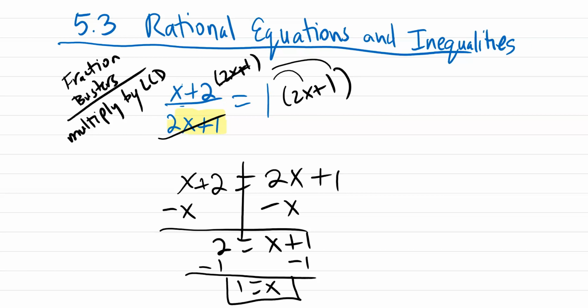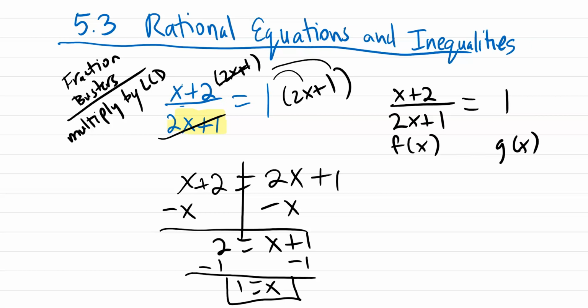Not too hard. Another way I could have solved this is actually by analyzing it by graphing. So I could have taken that x plus 2 over 2x plus 1, and I could have taken that 1, and I could call this f of x, and this g of x. So I could graph x plus 2 over 2x plus 1.